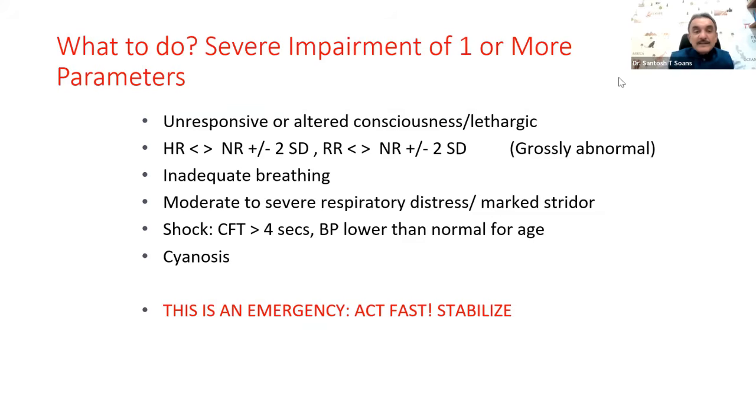If a child is unresponsive or has altered consciousness or lethargy, heart rate is either more or less than normal, inadequate breathing, moderate to severe respiratory distress, marked stridor, he has shock, that is, as I said, capillary refill time more than 4 seconds, BP lower than normal for the age, he has cyanosis.